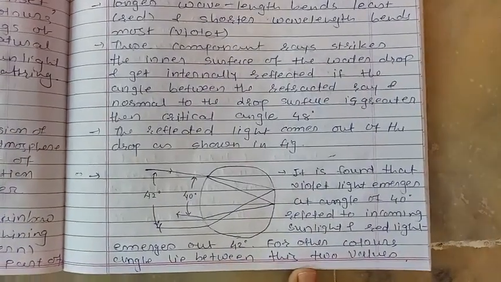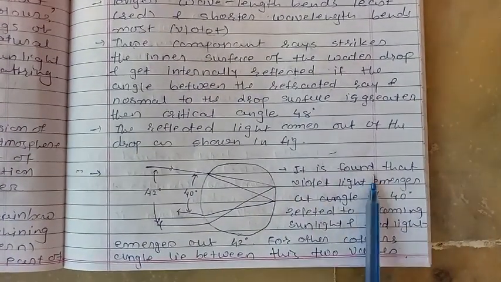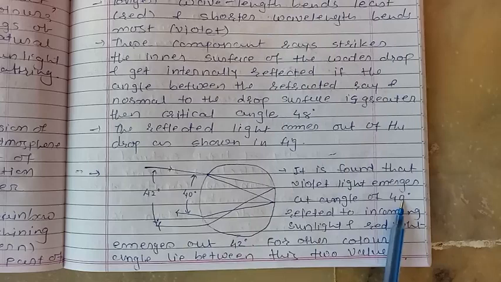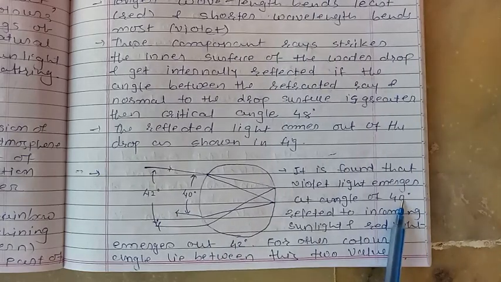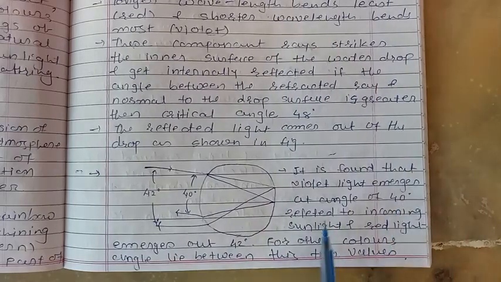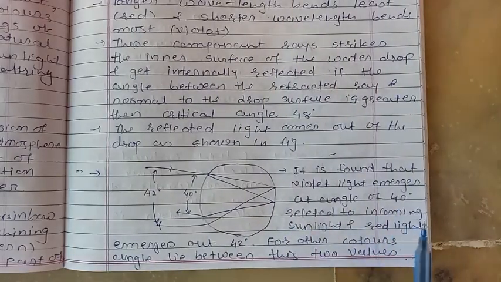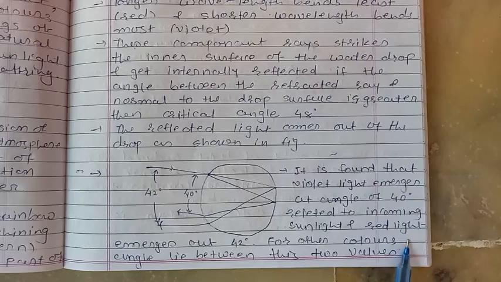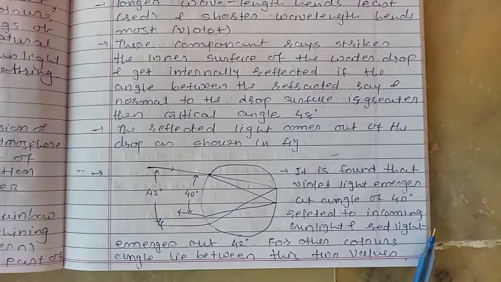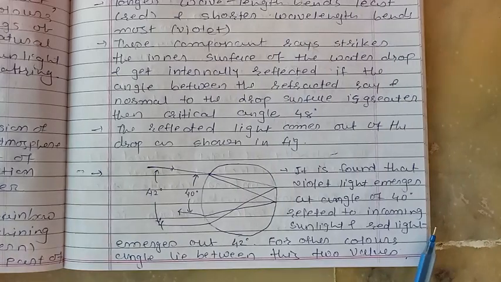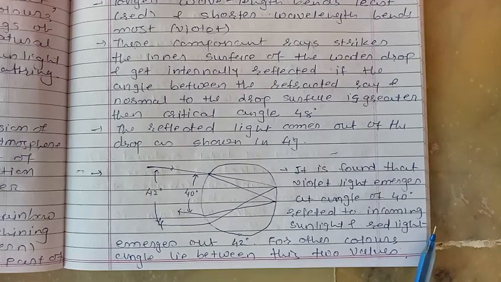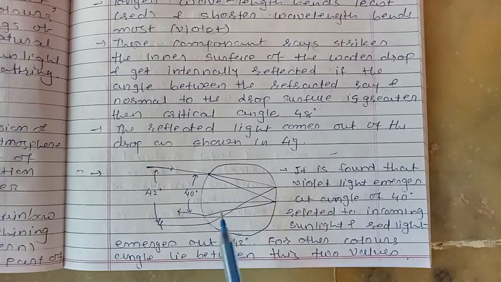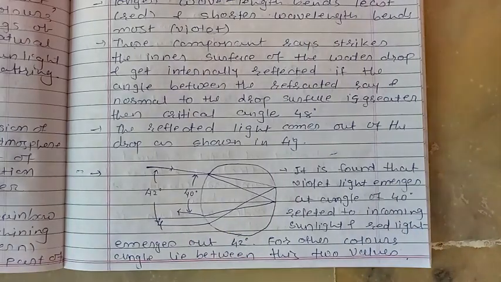And now you have to remember this sentence. It is found that violet light emerges at an angle of 40 degrees with respect to the incoming sunlight, and the red light emerges at 42 degrees, right?